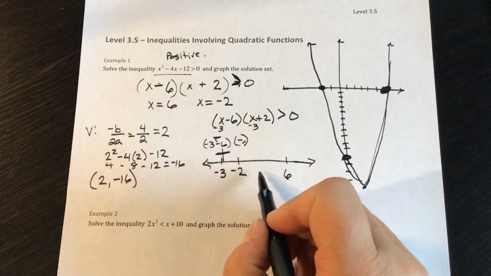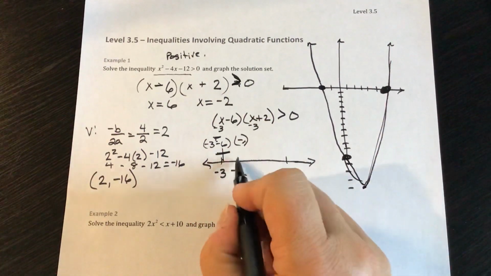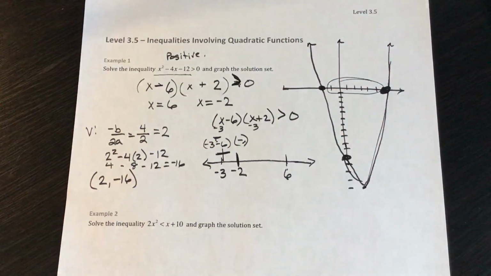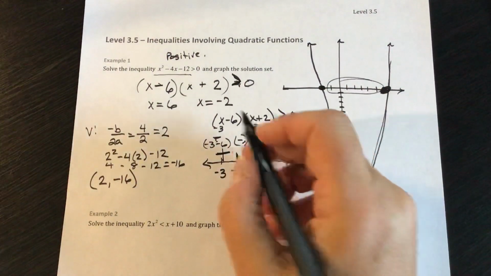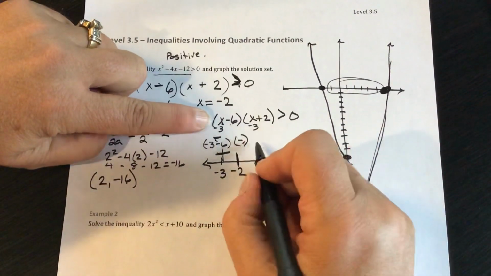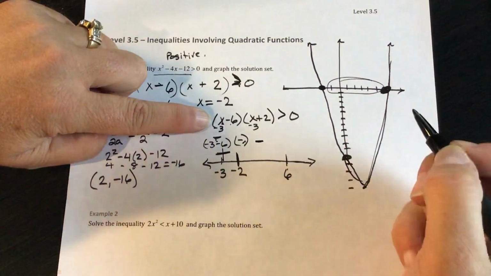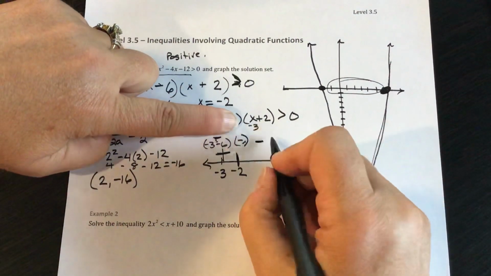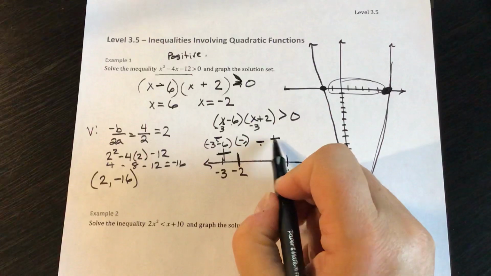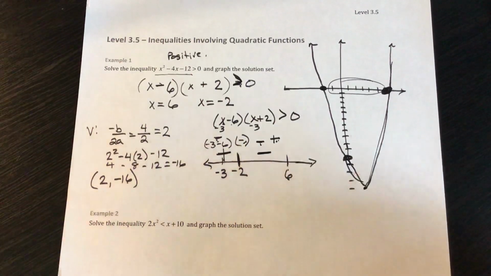Let's try another one. If I pick a number between negative 2 and 6, okay, so that would be this section of the graph. So let's try 0. If I plug in 0 for x, 0 minus 6 is negative 6, 0 plus 2 is a positive 2. A positive times a negative is a negative.